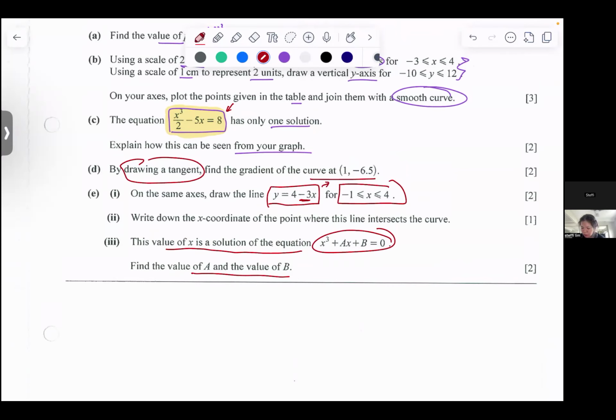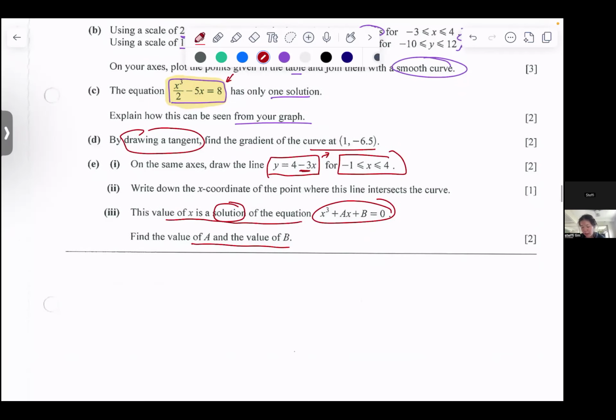So when it's a solution, basically they're just trying to get you to find the x value, and in order to do that you have to actually equate these two equations together, right? But they don't want you to find the value of x, they just want you to find what are these values of a and b.